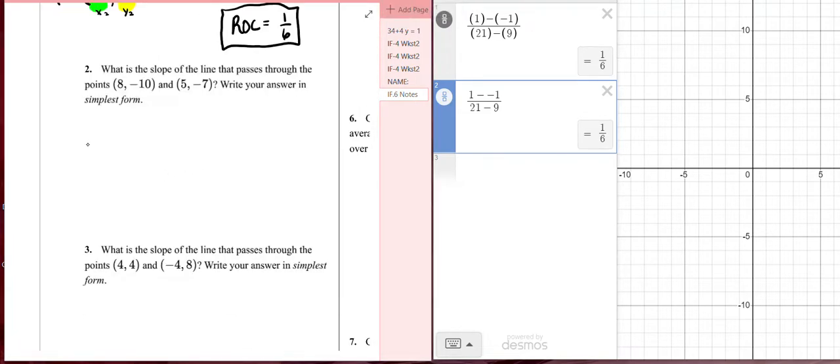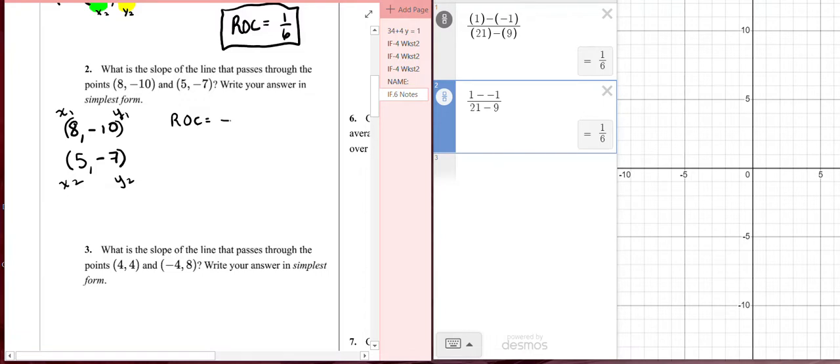All right, so in this problem, what you want to do is you want to collect both points. I usually consider my first point, point 1, and the second point, point 2. That means this one is x1, this one is y1, x2, y2. All right, so I know my rate of change formula is going to be y2 minus y1 over x2 minus x1, right?